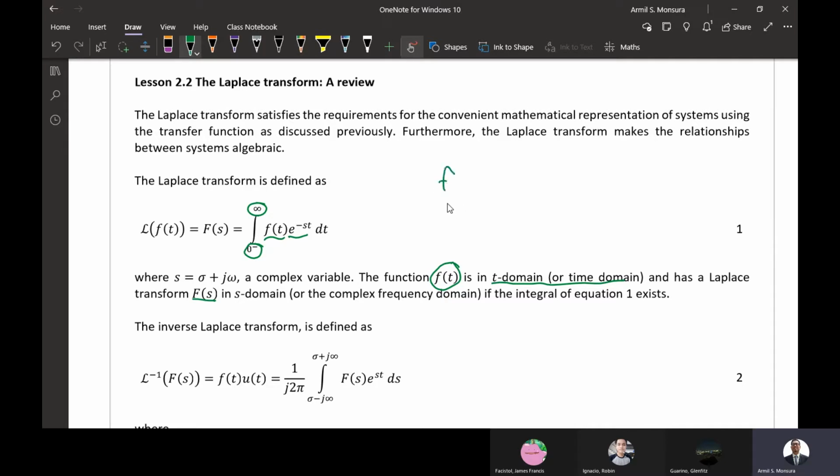So, we will use the small or the lowercase f to denote the function is in time domain. Okay? While, pag kinuha natin yung Laplace transform nito, okay, yung ating variable name na f, which is in lowercase, becomes the uppercase F.